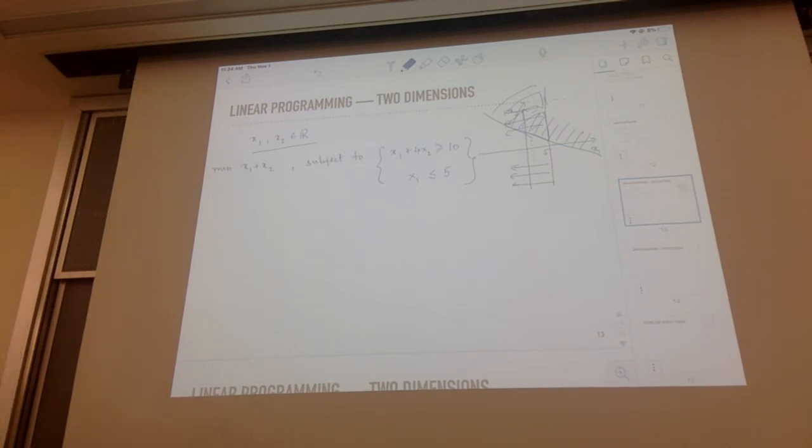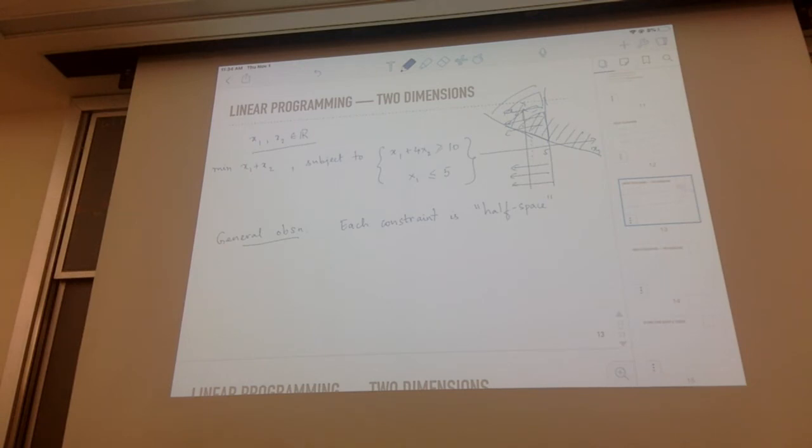So one general observation: each constraint is what we call a half space. The set of all feasible solutions to just one of the constraints is the picture I drew, defined by everything to the right of that line.